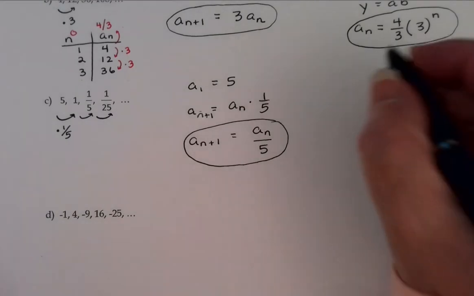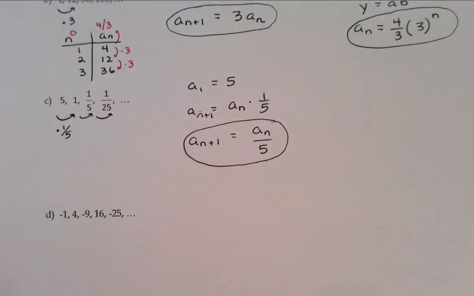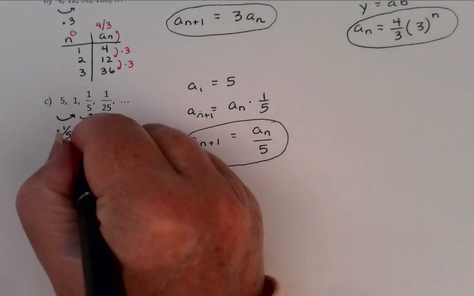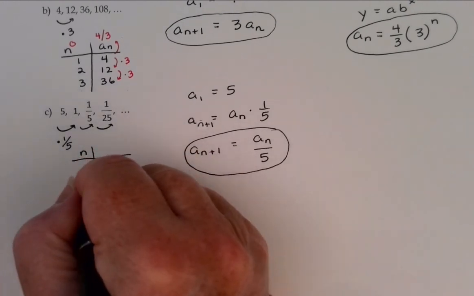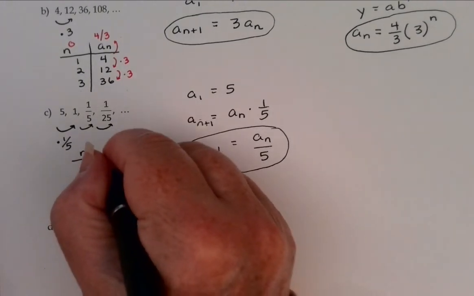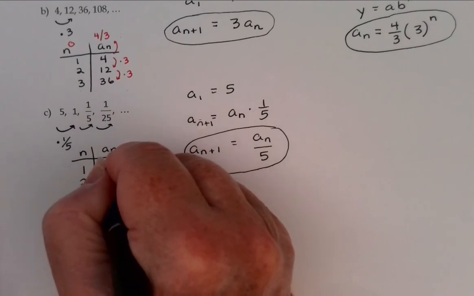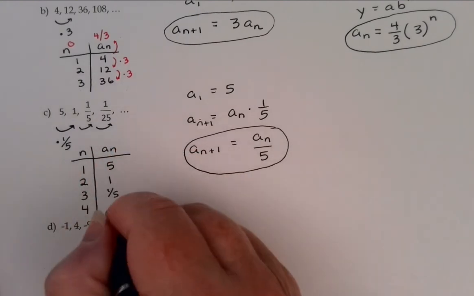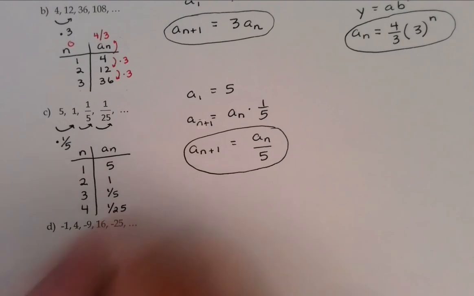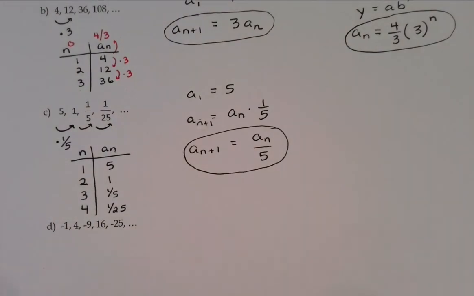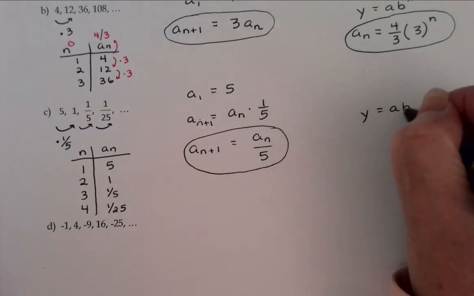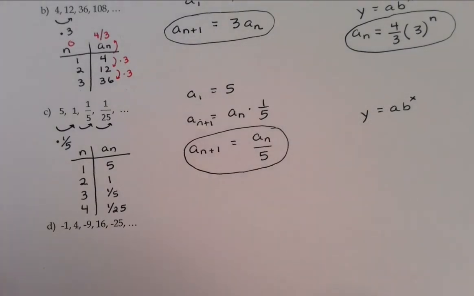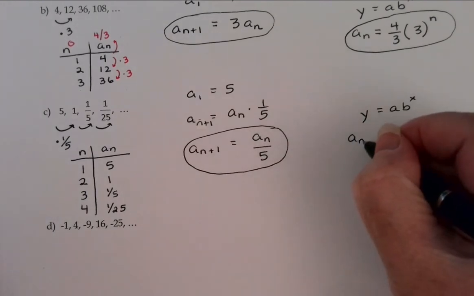Same concept over here. With a constant multiplier like this, I know I'm looking for an exponential function. So let's see. y equals ab to the x. And I would have my y's are my a sub n's.